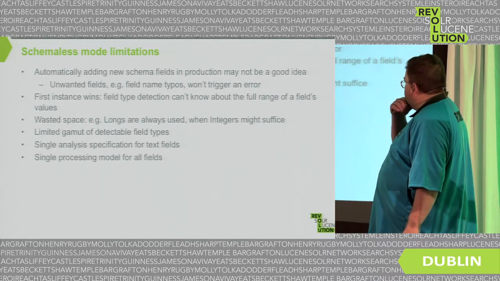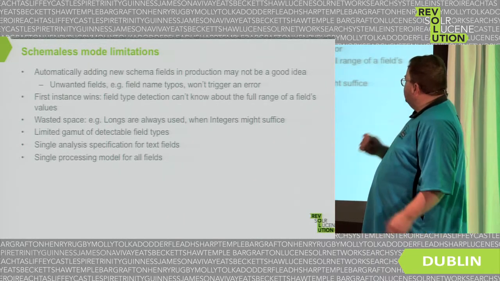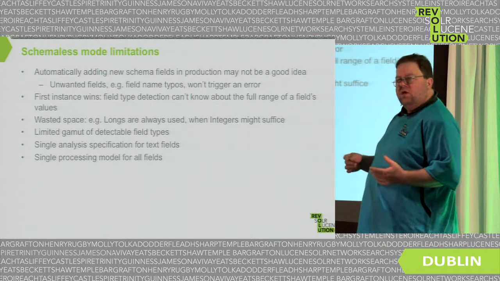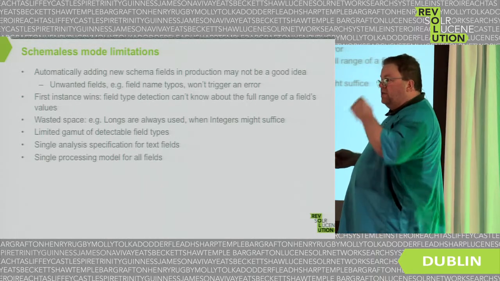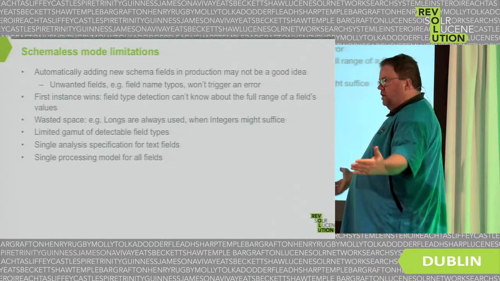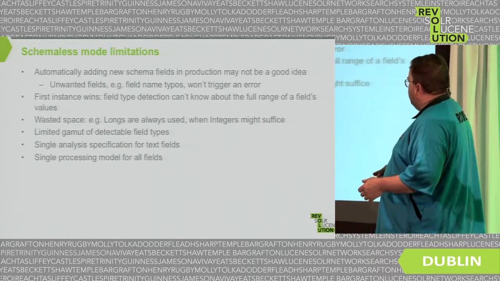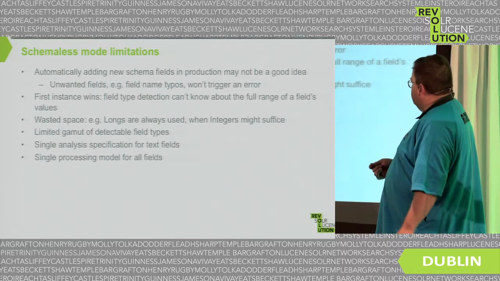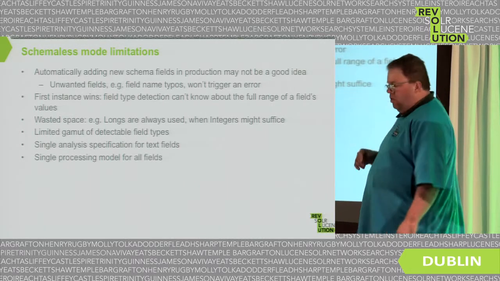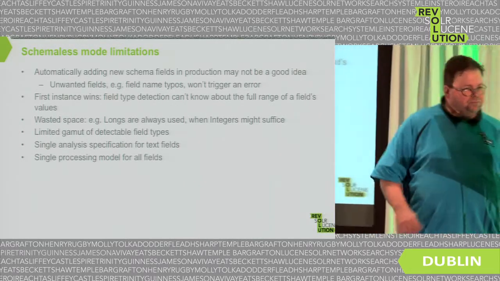Also, for these other two reasons, the text fields only have a single analysis specification. There's no string type, for example. You can't just say, take this entire field, regardless of whether it has spaces or punctuation or whatever, and treat it as a single token. Similarly for other processing for all fields.